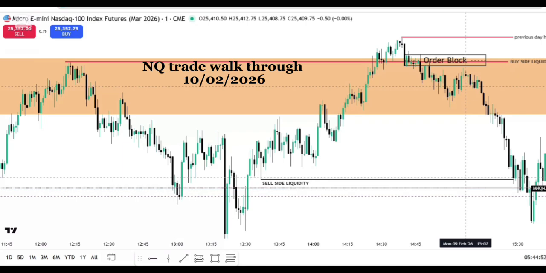So assume you took this trade and you are trading prop firm, or let me say you are funded, or maybe you are not yet funded, you are still trying to pass the challenge. These are the kind of setups you need, guys.